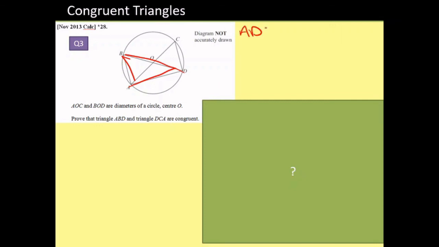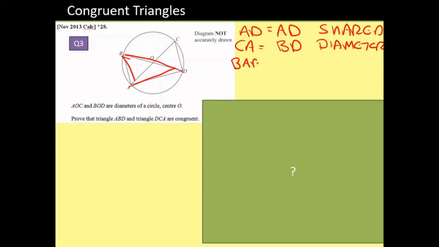But I actually know that AD is the same as AD because it's shared. What can I do? I know that CA is the same as BD, as they are diameters. Now I know the angle BAD is going to equal ADC, as they're both 90 degrees.